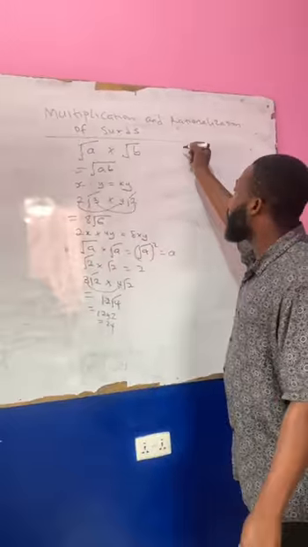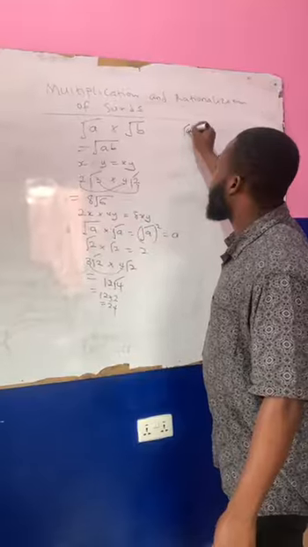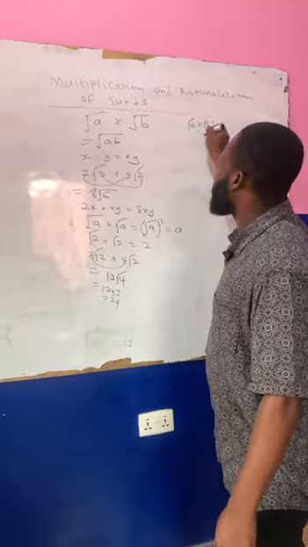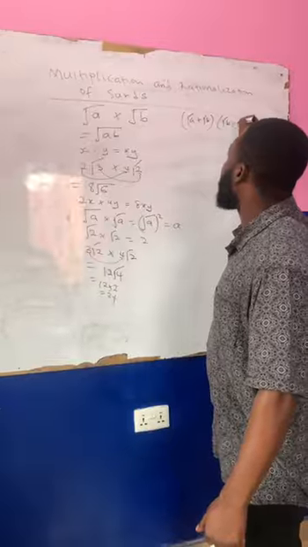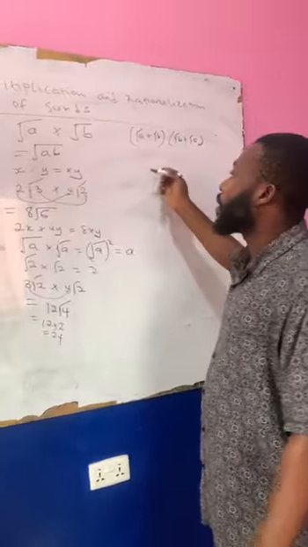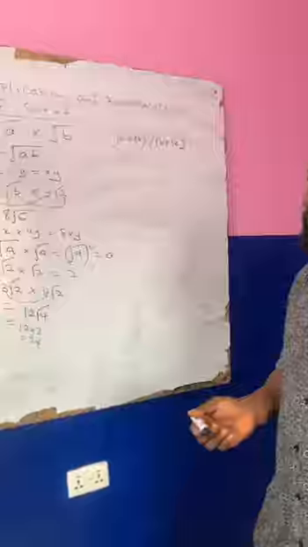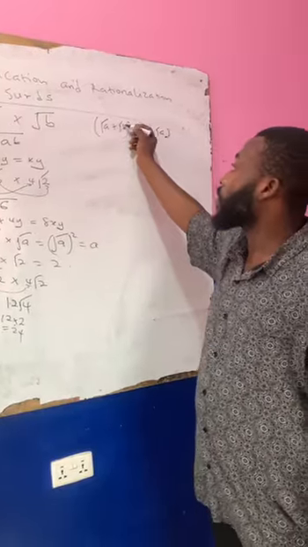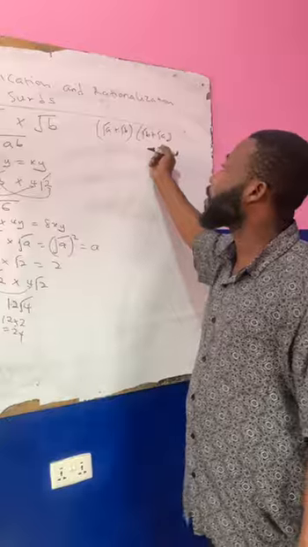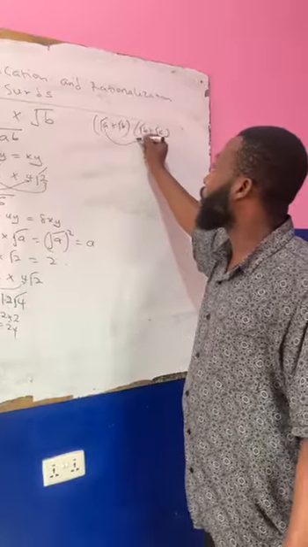Now, we also have where you have binomials. Binomial means that you have, let's say, root a plus root b times, let's say, root b plus root a. Now, if you have something like this, how do you go about it? You just use expansion, because these are two multiplications. So use this one to multiply the whole bracket.